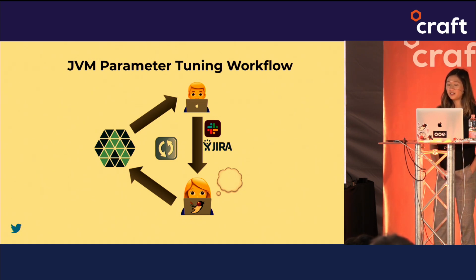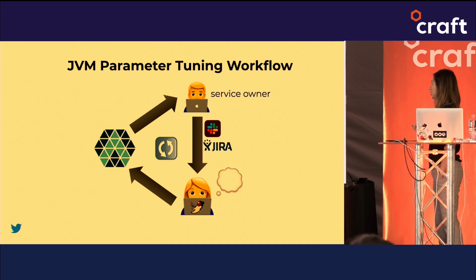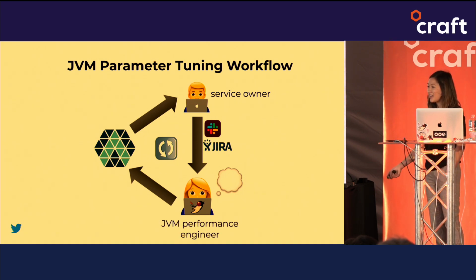So the current workflow is something like this. Up there we have the service owner who wants to improve the performance of their Twitter microservice. They come to a JVM performance engineer. Usually they ping them on Slack or file a ticket, and the JVM engineer thinks about it with intuition from 15 years of working on the JVM and comes up with a set of parameters that they think the service owner should try.